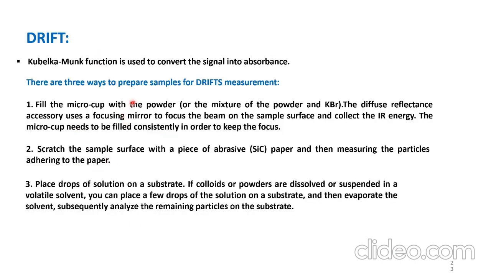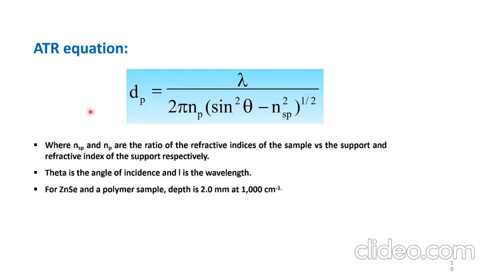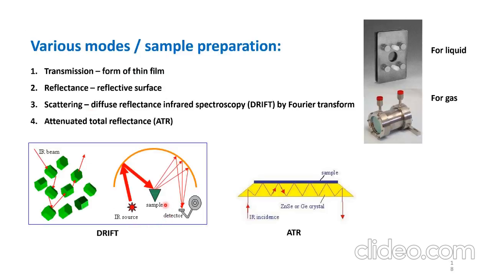In this case, the sample preparation can be done in three ways. We can fill the micro cup. I'll go back to that diagram. Here we place a micro cup, and if the sample is in powder form, it is mixed with KBr. KBr does not absorb IR, so that's why we use it.